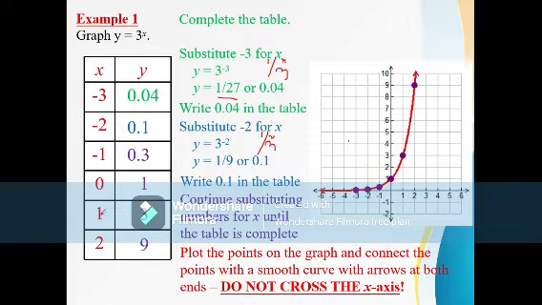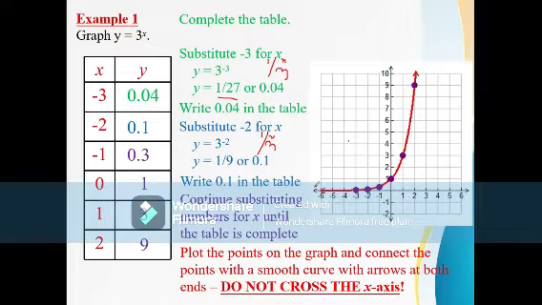The next is 1, 3. Always remember, you have to look at the x value first in plotting the points, followed by the y coordinate. Then lastly, we have 2, 9.